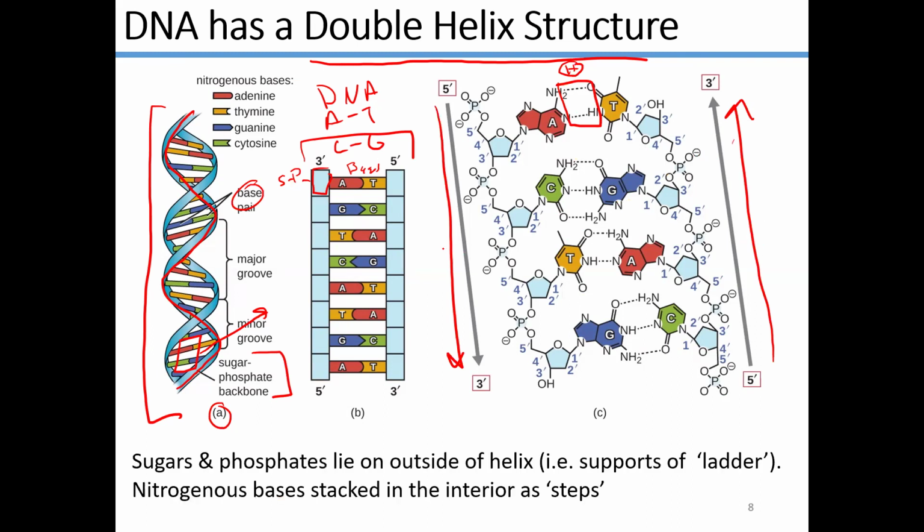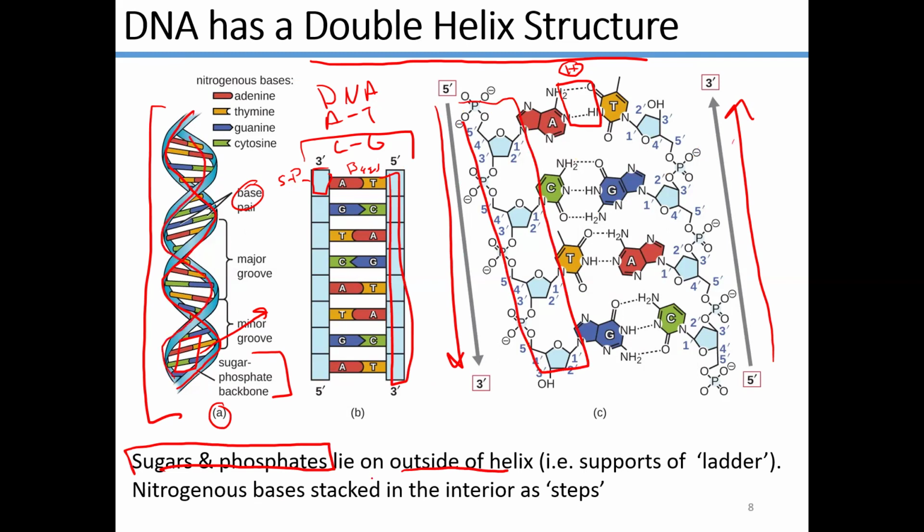Okay, so some major takeaways from this: the sugar phosphate is going to be on the outside of the helix. So all of these right here, the ribbon portions in between, are going to be our sugar phosphate, lying on the outside of the helix.